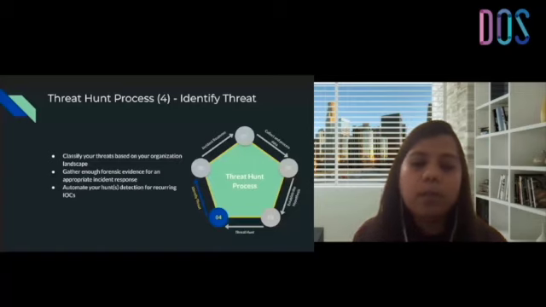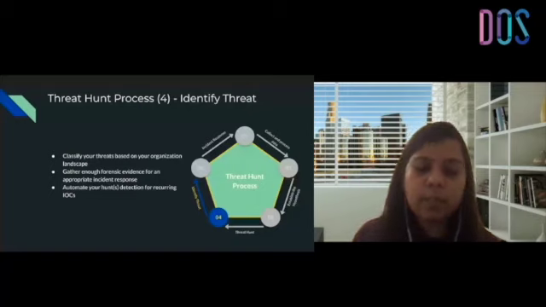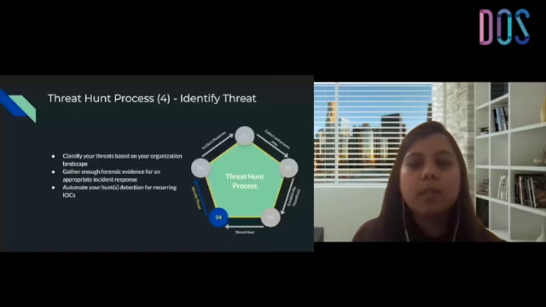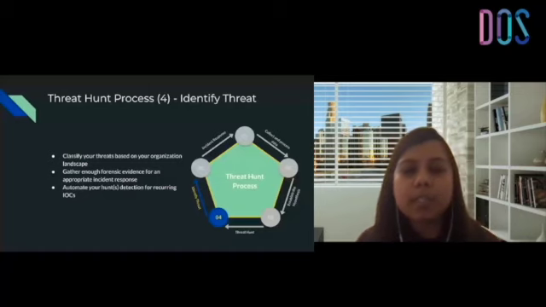The other thing at this point is you need to automate your threat detection. Like we discussed in some slides before this, you hunt once and you detect always. Once you are complete with one hunt, you have to automate it, so that you'll be able to identify the same or similar threats again and again.